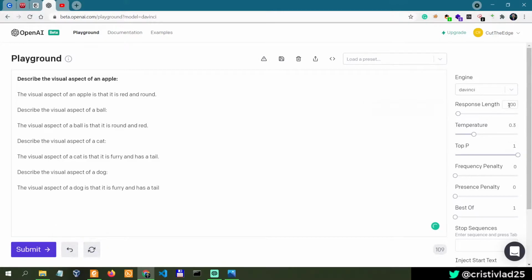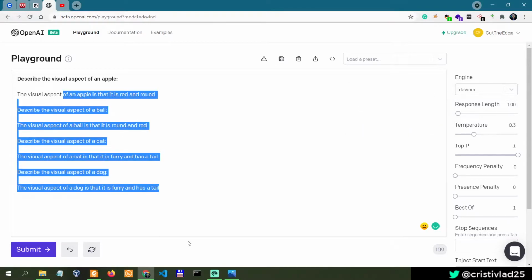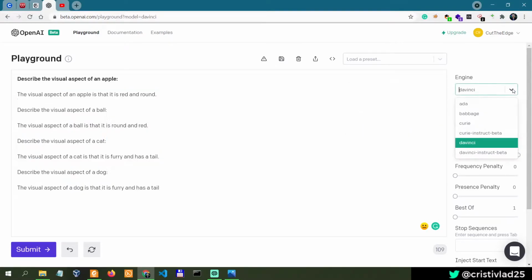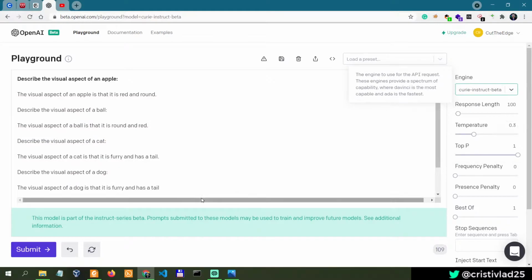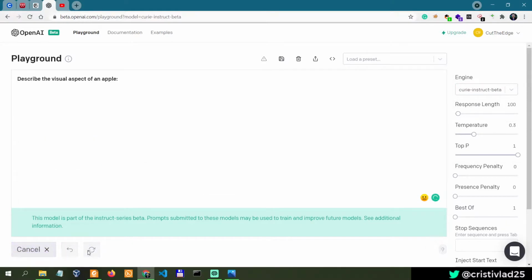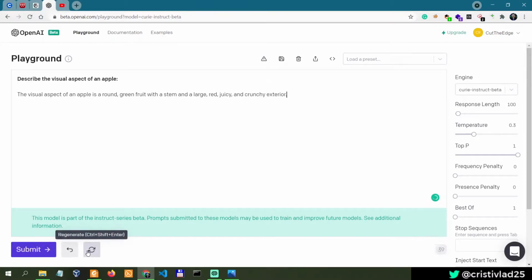Yeah, it kind of feels the need to fill in with more stuff. Now if we do Curie instruct beta, repeat this. The visual aspect of an apple is a round green fruit with a stem and a large red juicy and crunchy exterior. Now that's interesting.